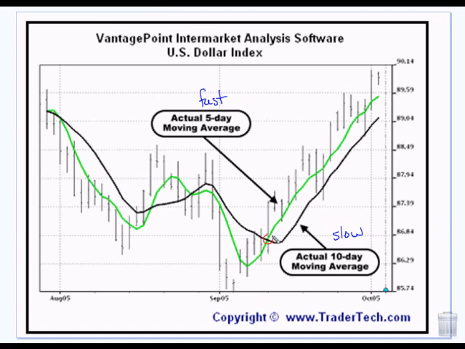The crossover happened right here. And what happened is the fast is the green line, and it overtook the slow line. So what that is indicating is that this would have been a good time to start buying, because the trend is that the stock is going to start going up.